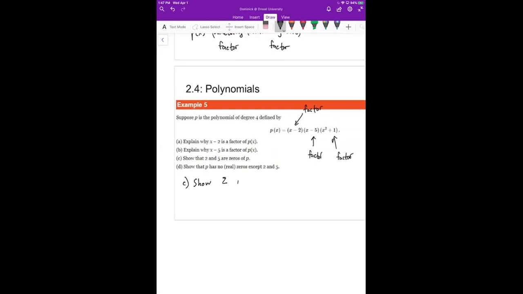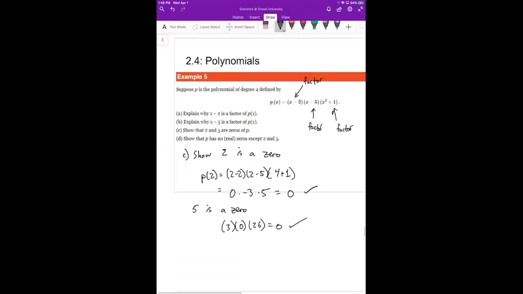So show 2 is a 0 first. Well, this is a 0 because if I plug in 2, I get 2 minus 2, 2 minus 5, 4 plus 1, which is 0 times -3 times 5, but 0 times anything is just 0. So that's a 0. And of course, 5 is also, because we'll get 3 times 0 plus 26, and this is just 0.